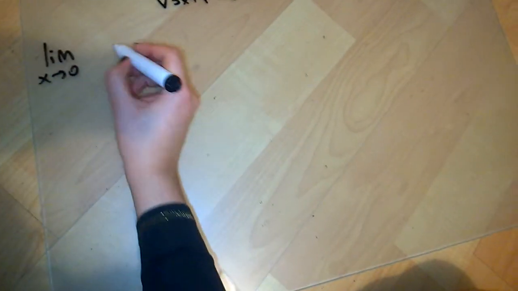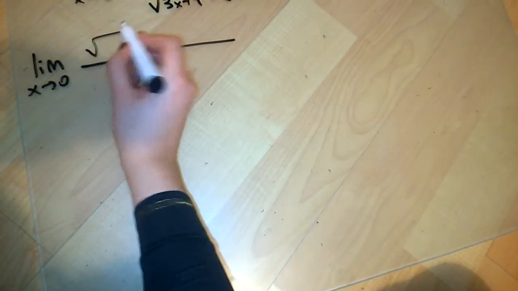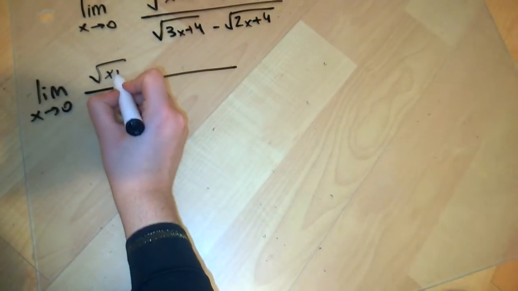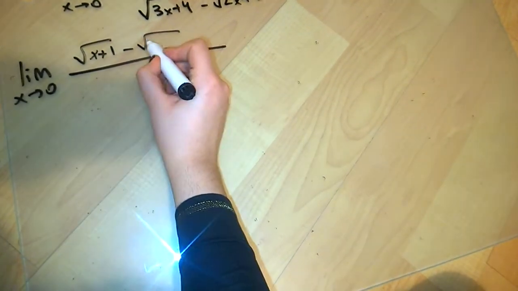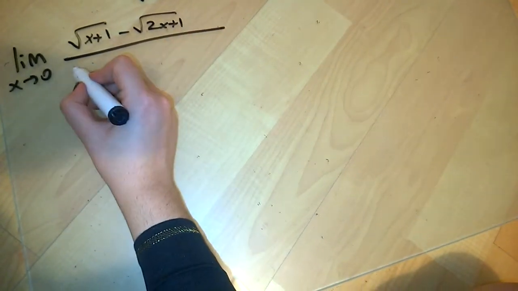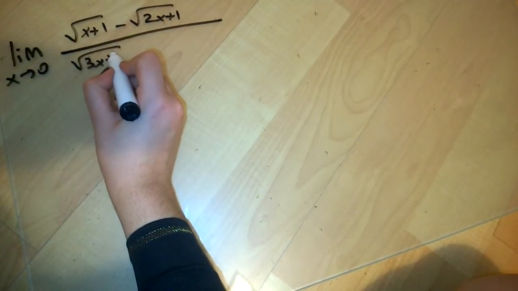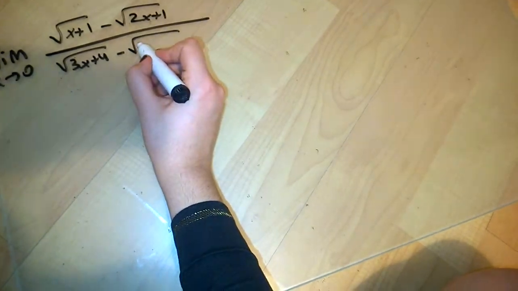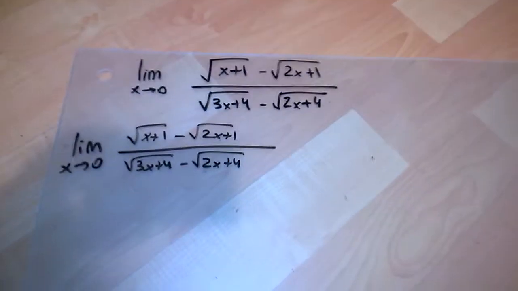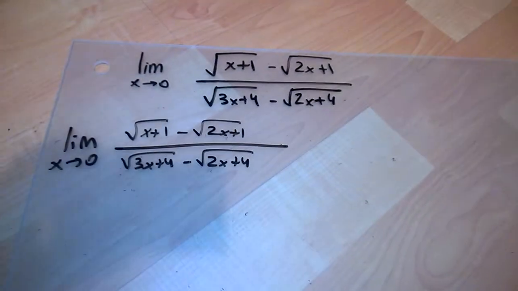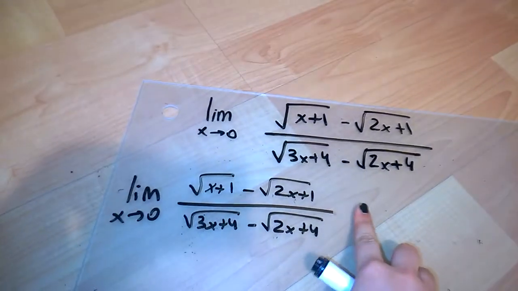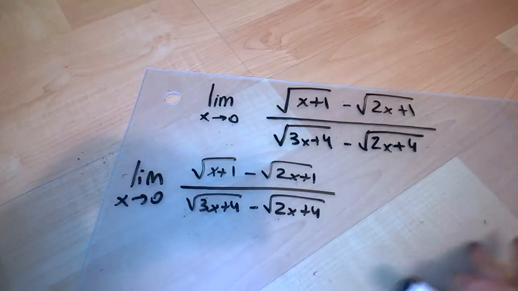So starting by rewriting the first part, we will have the limit of x approaching 0 of the square root of x plus 1 minus the square root of 2x plus 1 over the square root of 3x plus 4 minus the square root of 2x plus 4. And now, as I mentioned, we have to multiply the function by our conjugates.